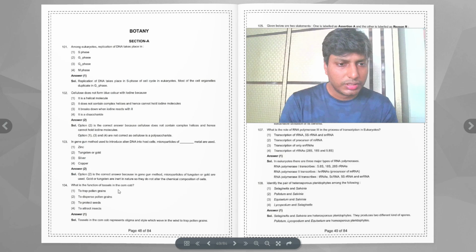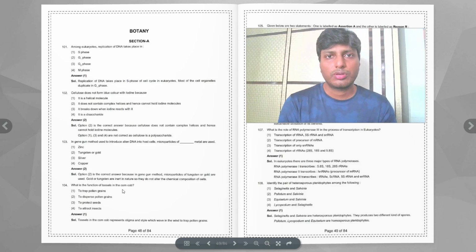What is the function of tassels in corn cob? The corn cob is a beautiful example of monocot plants. As we all know, the tassels are like feathery stigmas, so they help the plant catch the flying pollen grains.